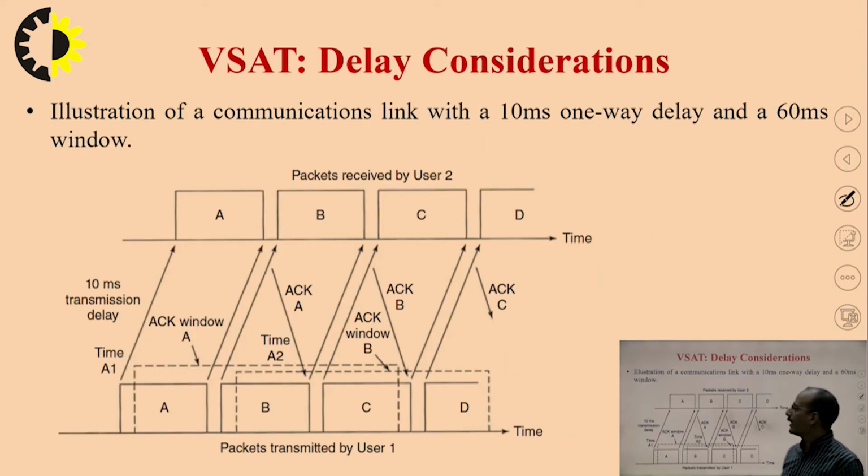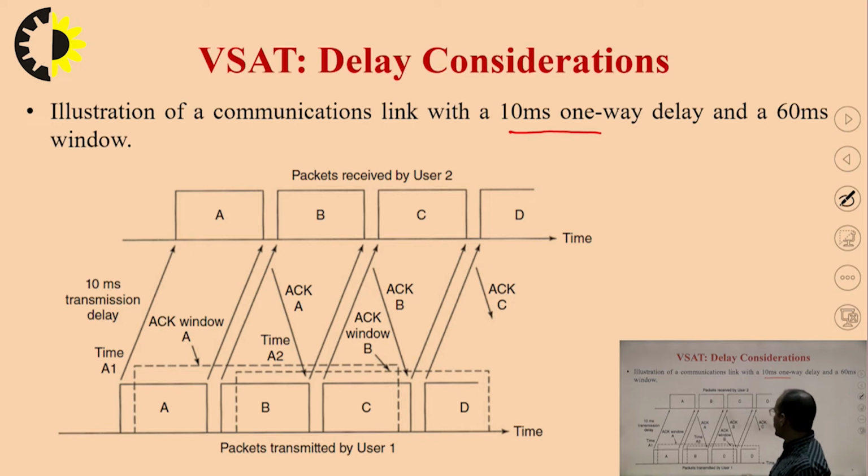So you can see here, this is the packet received by user 2 and this is the packet transmitted by user 1. A, B, C, D are the packets. At time A1, the signal gives the data with a 10 millisecond transmission delay, starting from time 0. Here it is received after 10 millisecond, so this data packet has a 10 millisecond one-way delay.